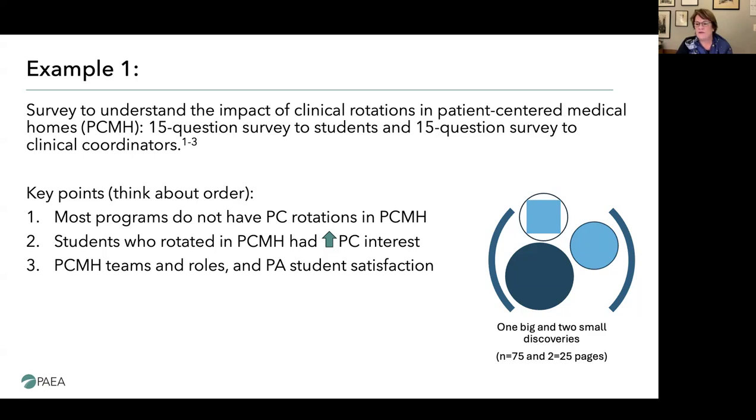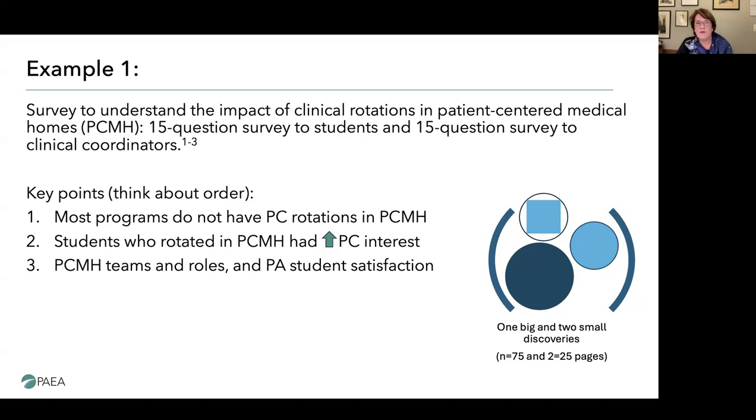So one of the other things that we found that was important was most programs don't have primary care rotations in that environment. And while we noted that students who rotated said they wanted to do primary care, we had not documented yet that they were satisfied in that environment.